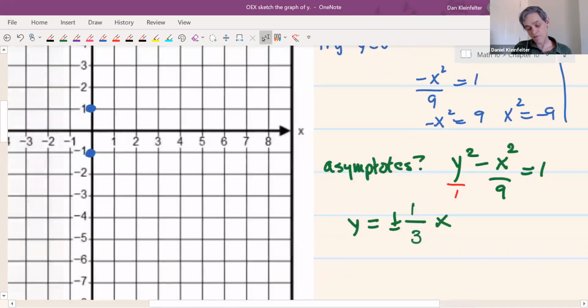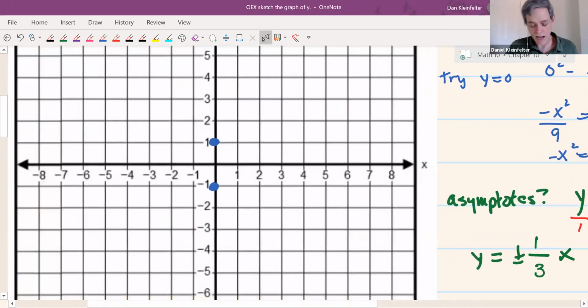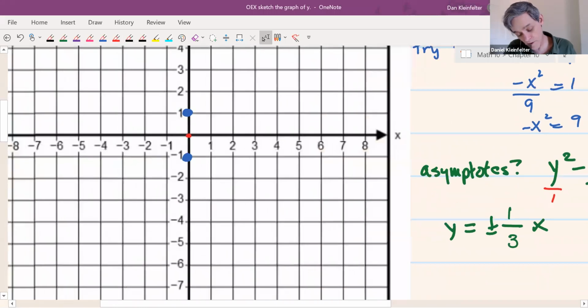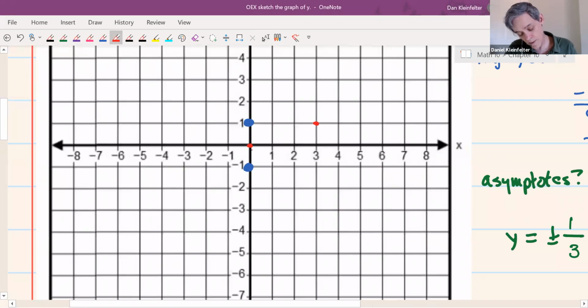So from there, we can go ahead and draw in the asymptotes. We'll do that, and then we'll have enough that we can draw out our hyperbola. So let me get a second point. We know they're going to pass through the origin. I know the slope is 1/3 for the first one, so I'll go up 1 and right 3. And then for the other one, I know it will be down 1 and right 3. So that's where our asymptotes will go.